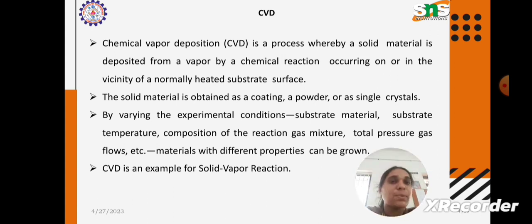By varying the experimental conditions, that is the substrate material, the substrate temperature, the composition of the gas mixture (the reactants taken), and the total pressure, all may be varied. CVD is an example of a solid-vapor reaction.